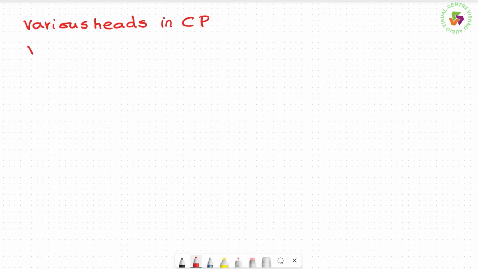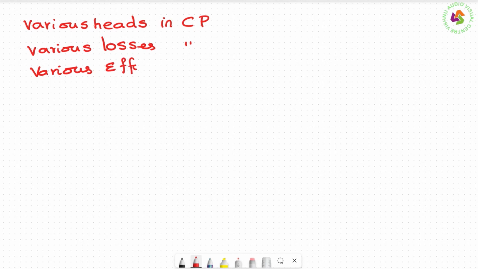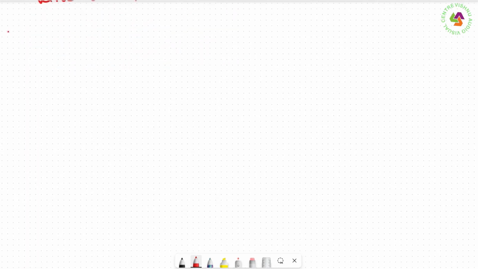What are the various losses in centrifugal pump, and what are the various efficiencies in centrifugal pump? These are the three things that we cover today. So first thing is definition of various heads.